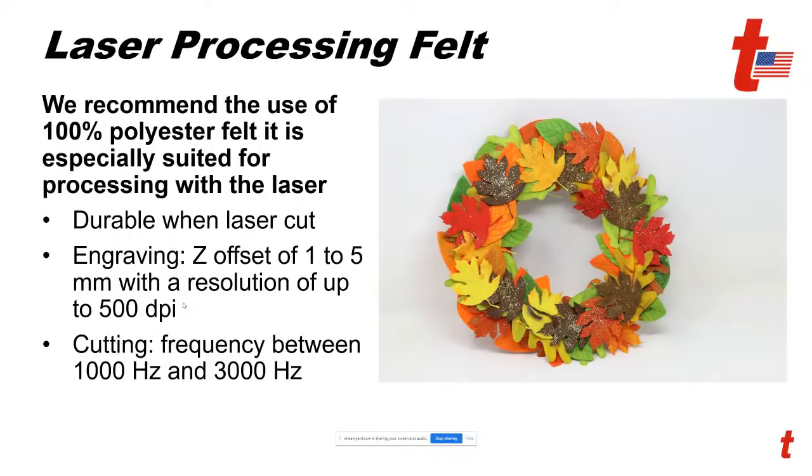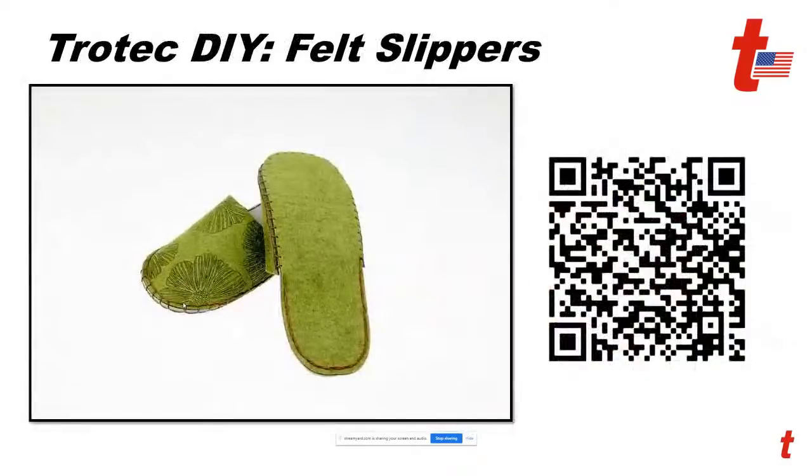It's a very easy material that comes in nice flat sheets, easy to keep flat on your laser system or cutting grid. A lot of crafters love working with this material because it comes in so many different colors, and you can do a lot of neat effects with it. A great material to process.